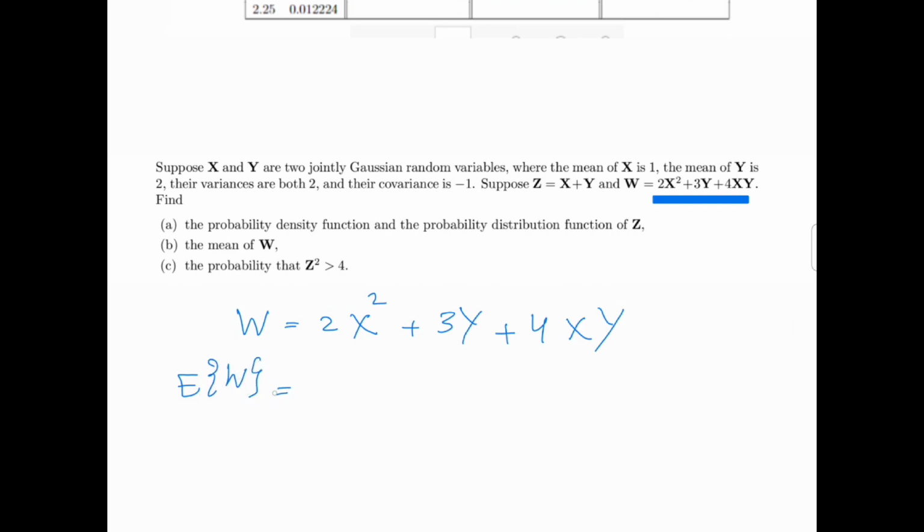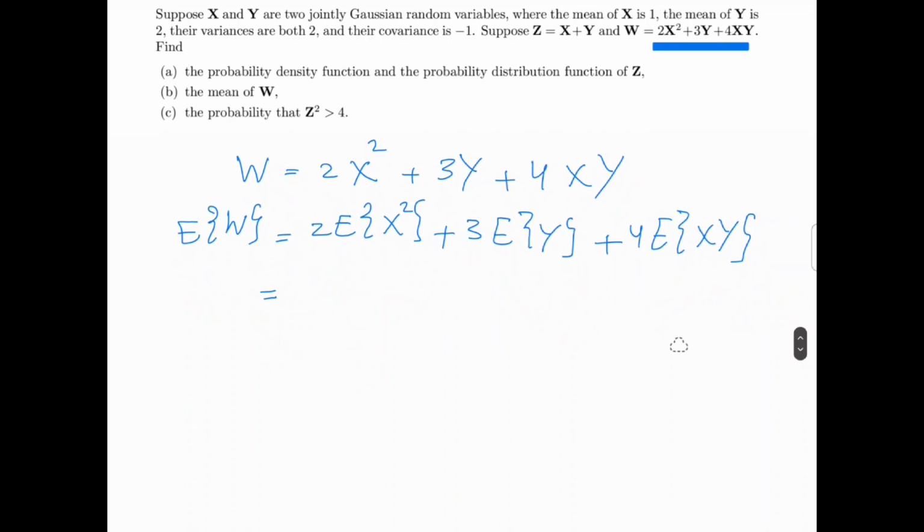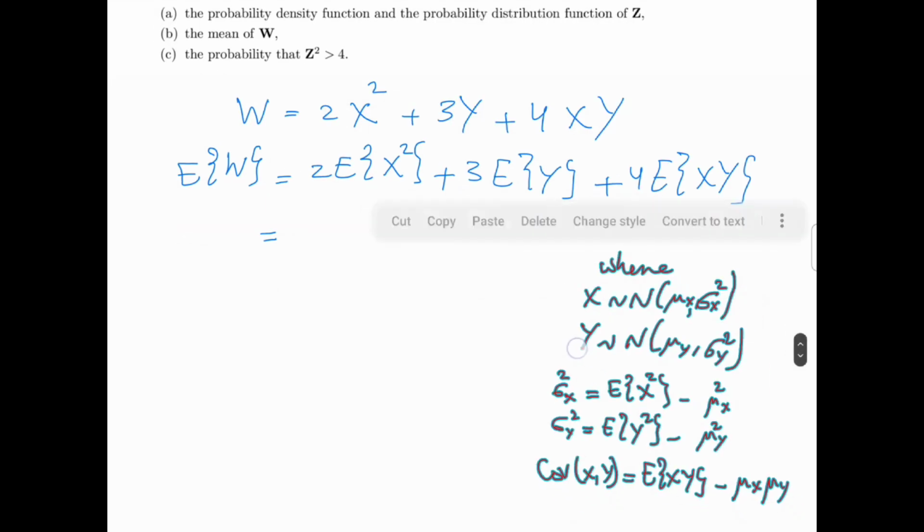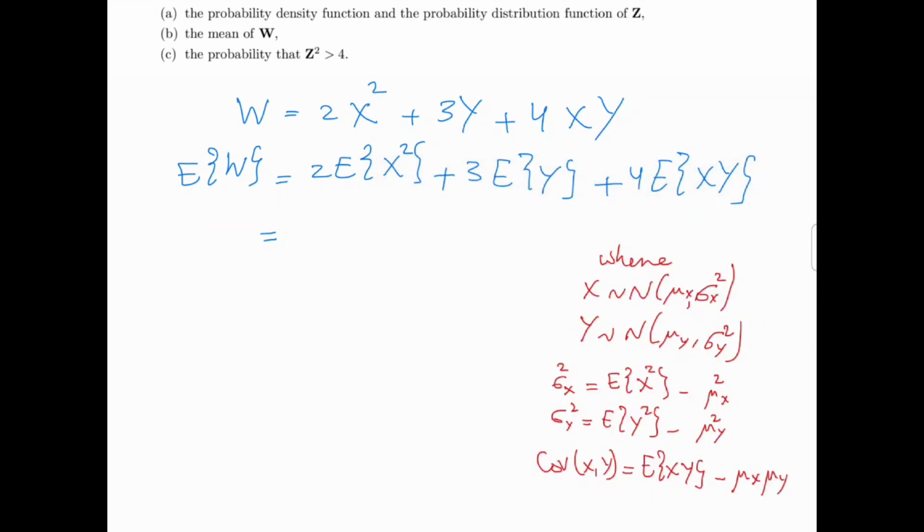and we know that expectation is a linear operator, this will be 2 times the expectation of x squared plus 3 times the expectation of y plus 4 times the expectation of x times y. Remember, we mentioned before that the expectation of x squared can be calculated easily from the property here.